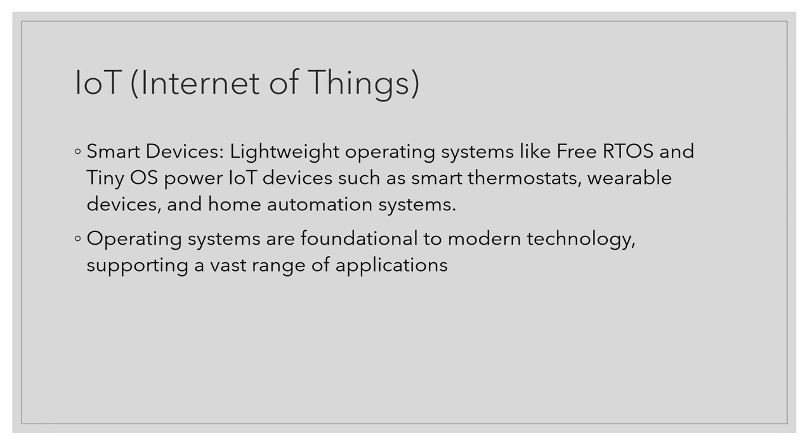These smart devices also have lightweight operating systems like FreeRTOS and TinyOS, which power IoT devices such as smart thermometers, wearable devices, and home automation systems. These operating systems are fundamental to modern technologies, supporting a vast range of applications, helping them communicate with present technologies.